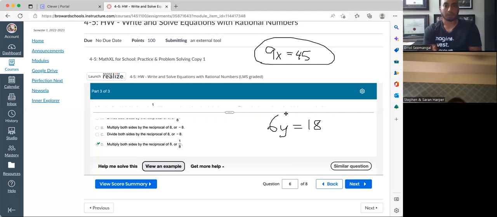Because you're supposed to divide whatever the number is on both sides. No, you always divide by the coefficient. What's the coefficient? 6. So divide 18 by 6, because that's the coefficient.